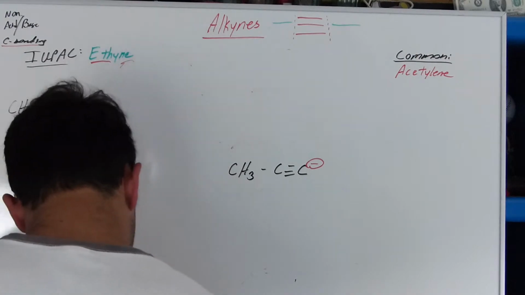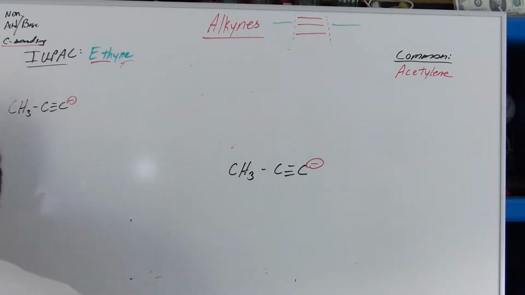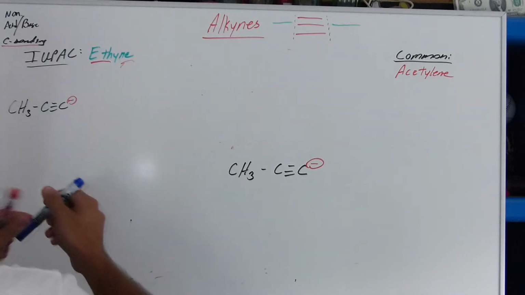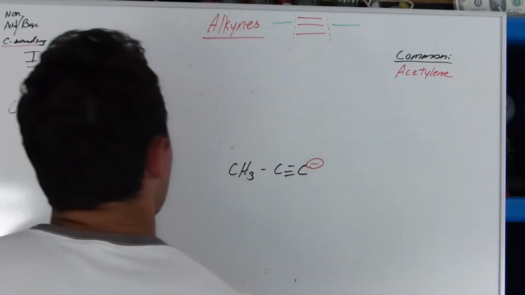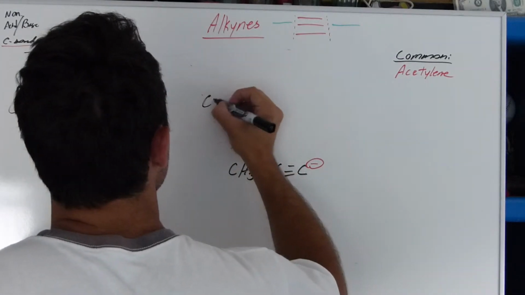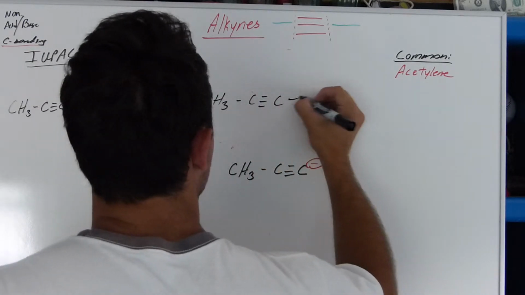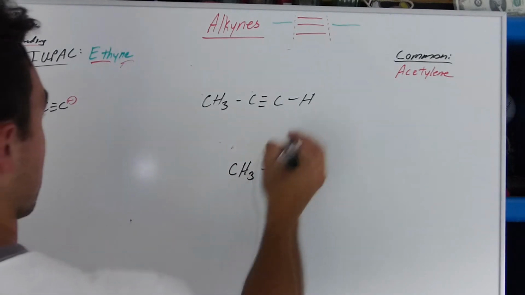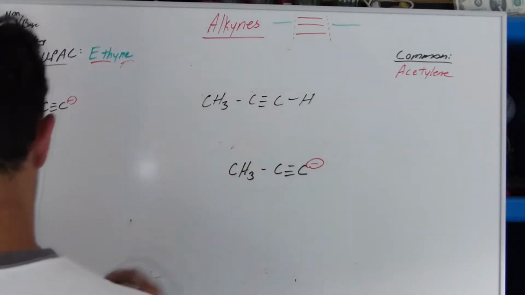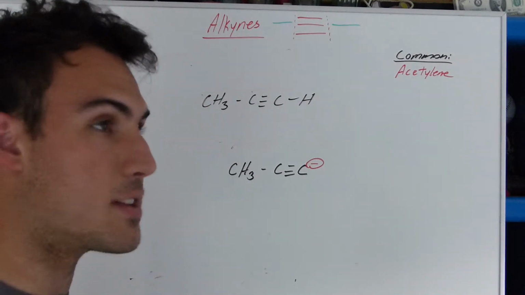Well, let's get some markers. So we're on the same molecule, but with a hydrogen on it. We're going to have our CH3, CC, with a hydrogen. This is what we're looking at when we're trying to get to this. So what are we going to do? Well, we have to use something to react with it.